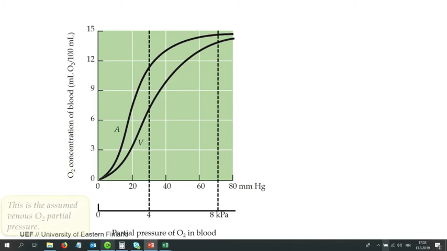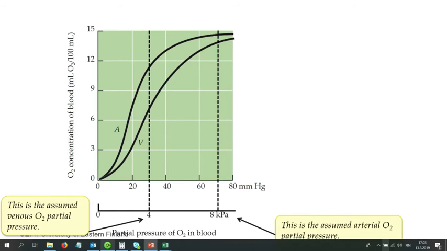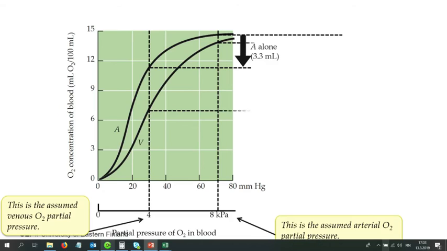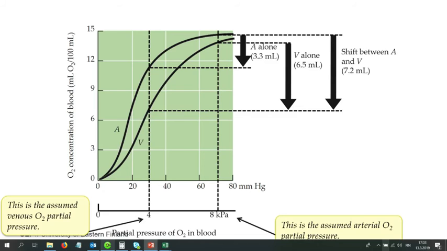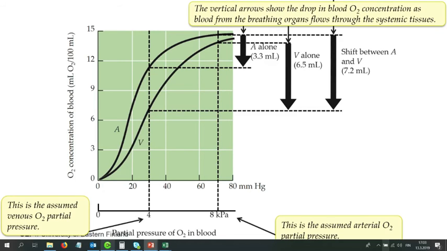Then we can estimate the partial pressure and compare that: if we had the same affinity as in the arterial blood, we could release 3 milliliters. And if we had the same oxygen affinity as in the venous blood, it would be 6 milliliters of oxygen released. But together, we have now released 7 milliliters. So we are releasing more oxygen because of this Bohr effect.